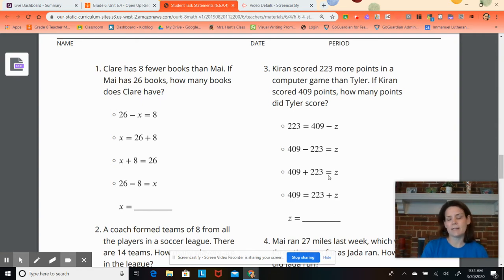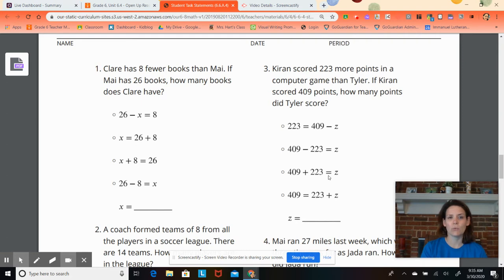So I'm kind of understanding here that Clare and Mai have a different amount of books, and it sounds like Mai has more books than Clare. So the second time I read it, I'm going to be looking for what kind of math can we do? What quantities are there? So we have Clare has 8 fewer books than Mai.